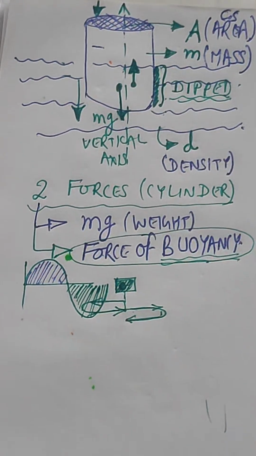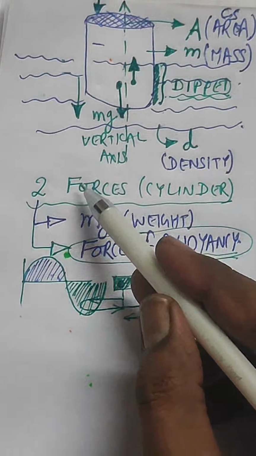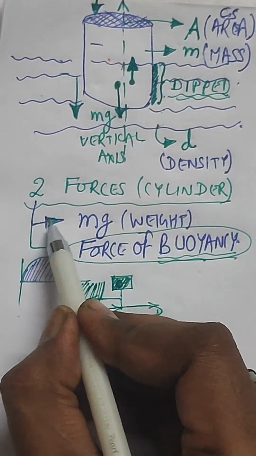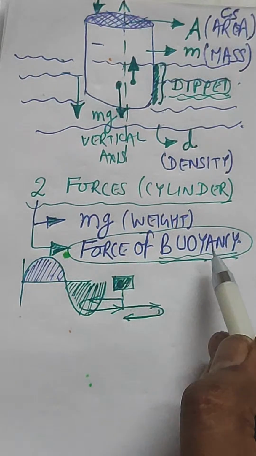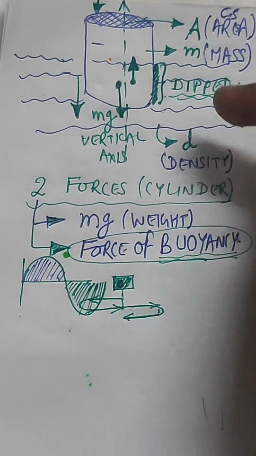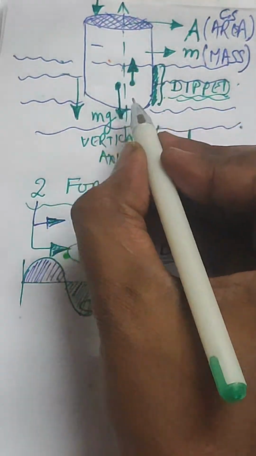Now I will not go much deeper into it. Let us solve the question. Okay, so the two forces acting on the cylinder are mg, that is its weight, and second, the force of buoyancy, right? Now suppose the cylinder is immersed into the liquid x centimeter deeper, right?